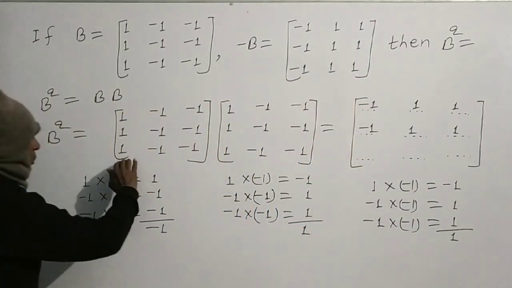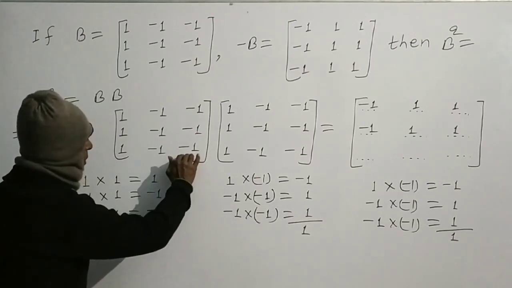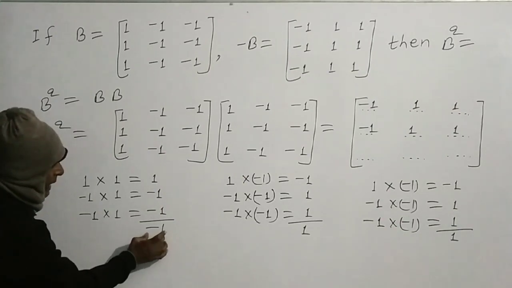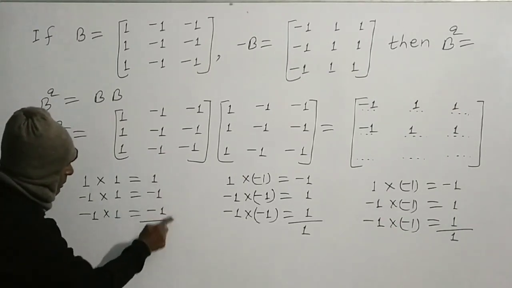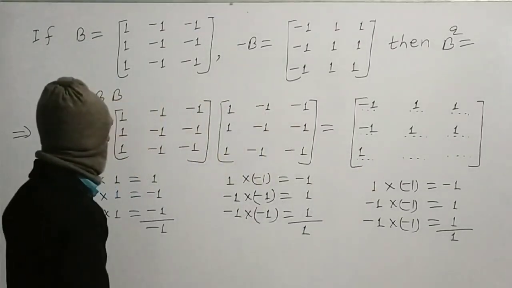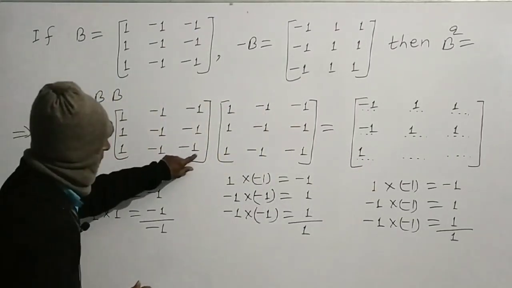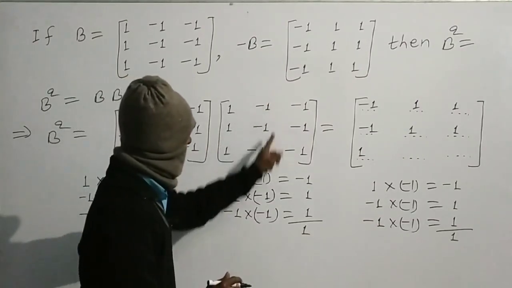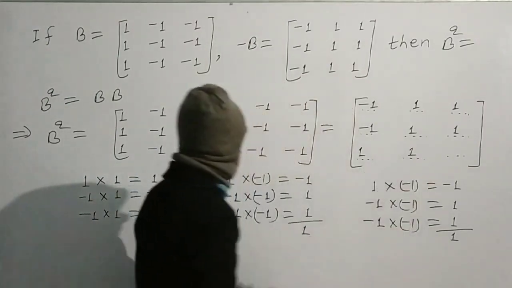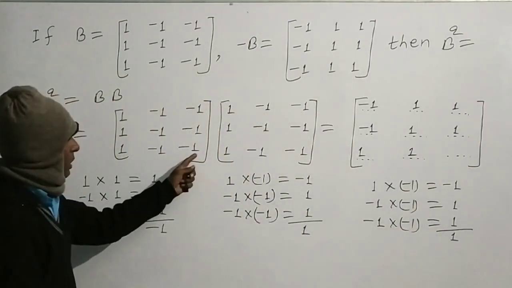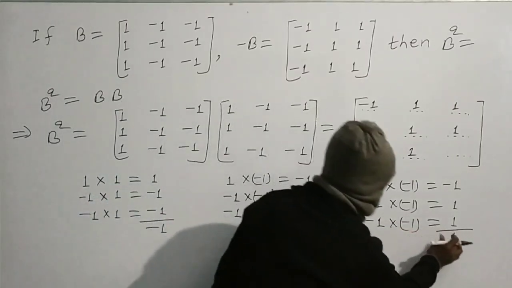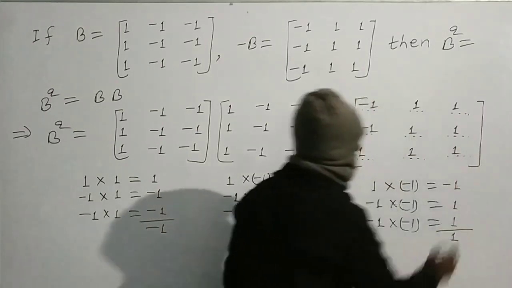Again, we multiply elements of the third row with elements of the first column and find the sum of these three products right here. Similarly, we multiply elements of the third row with elements of the second column and write this sum here. Elements of the third row with elements of the third column give 1 here.